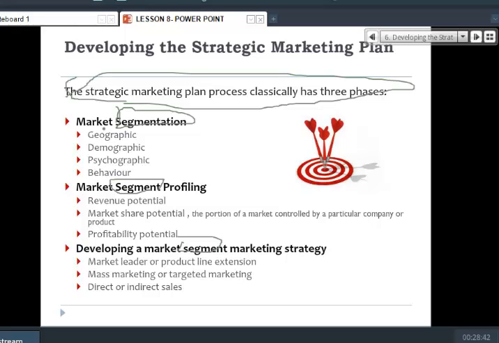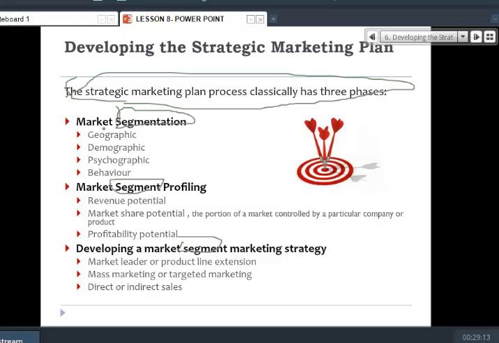Market segmentation means what kind of scope, whether related to the geographical place, or the area, or whether related to the demographic information, what kind of age, what kind of people, whether they are female, whether they are male.